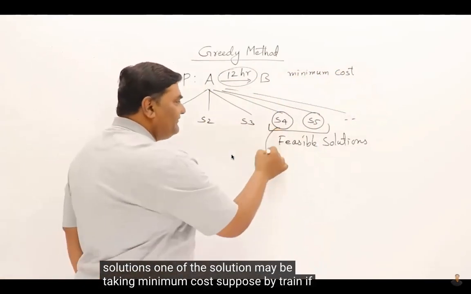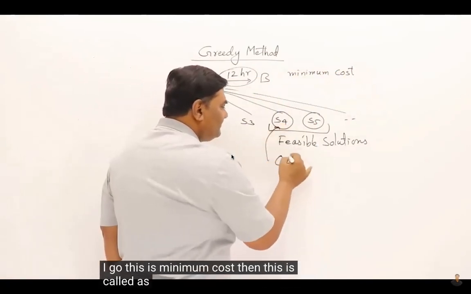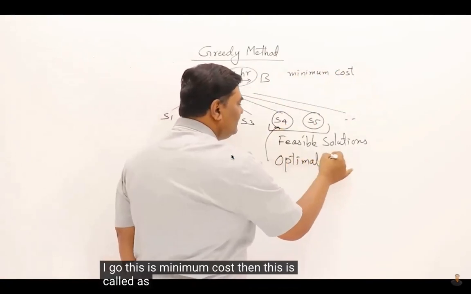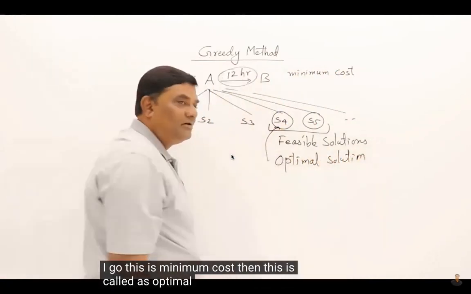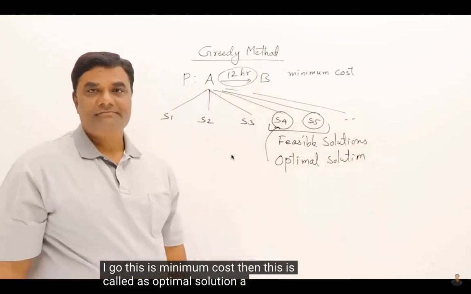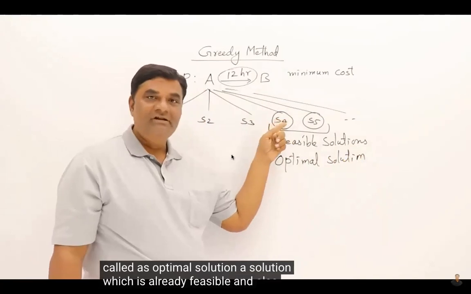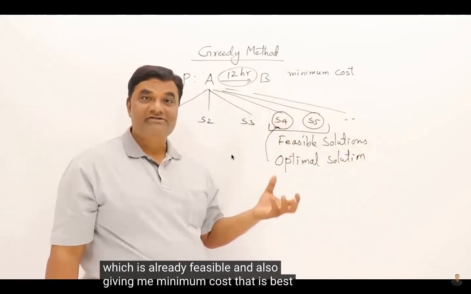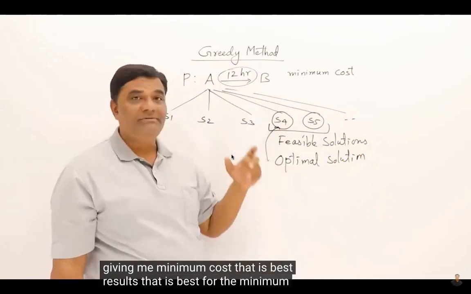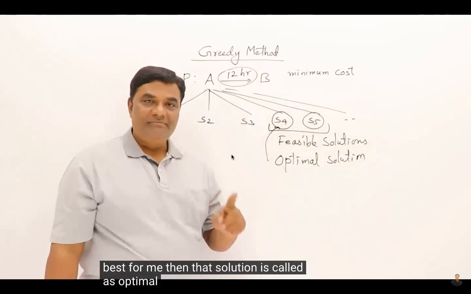Suppose by train, this is minimum cost. Then this is called the optimal solution. A solution which is already feasible and also giving me minimum cost, that is the best result for me, minimum is best for me, then that solution is called the optimal solution.